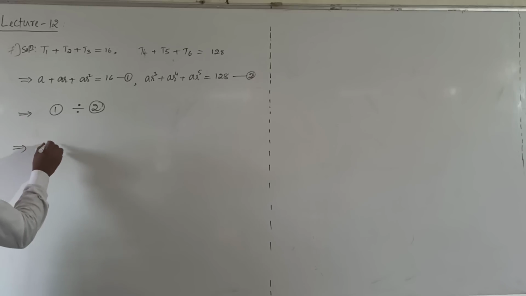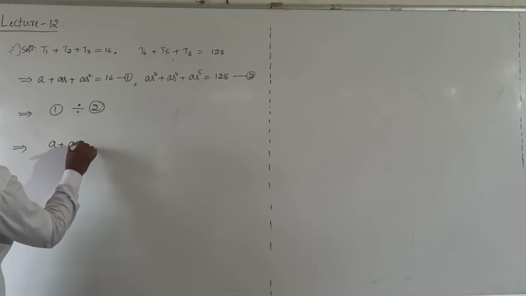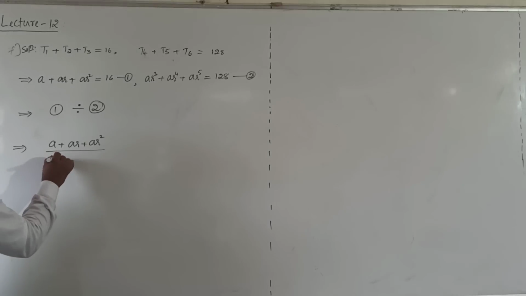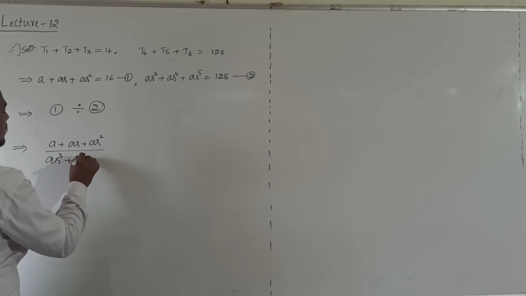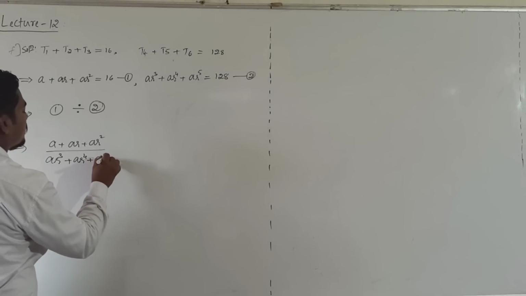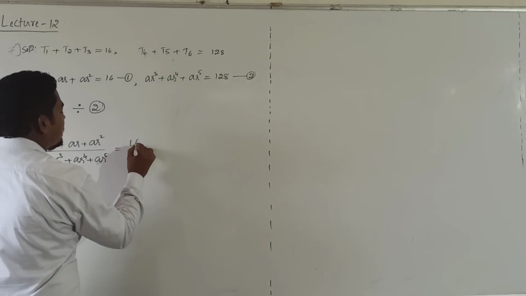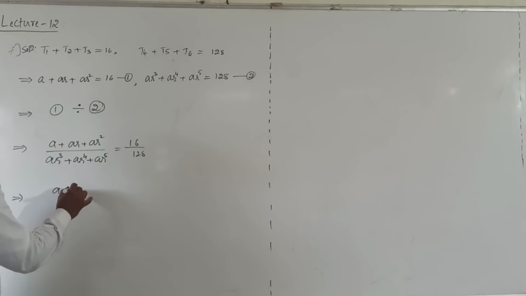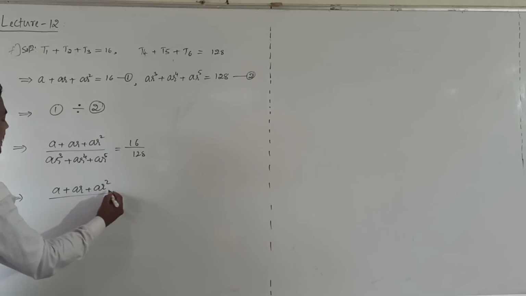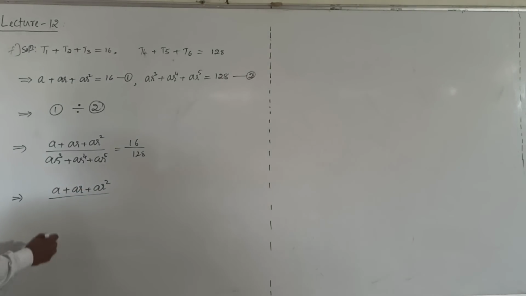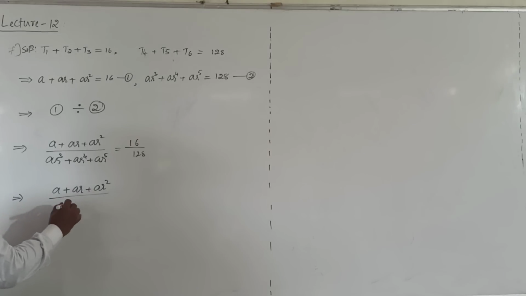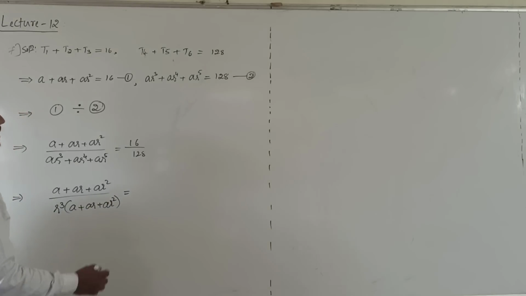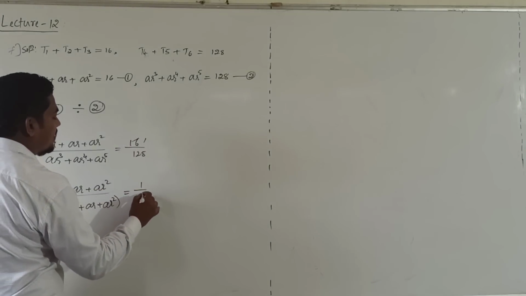Then it gives A plus AR plus AR square, whole thing divided by A into R power 3 plus A into R power 4 plus A into R power 5, equal to 16 divided by 128. Now, in the denominator I will take R cube common, which remains with A plus AR plus AR square. That's equal to 1 divided by 8.